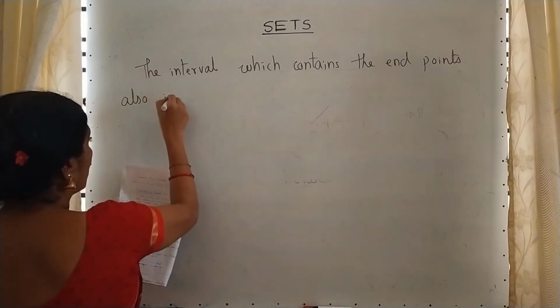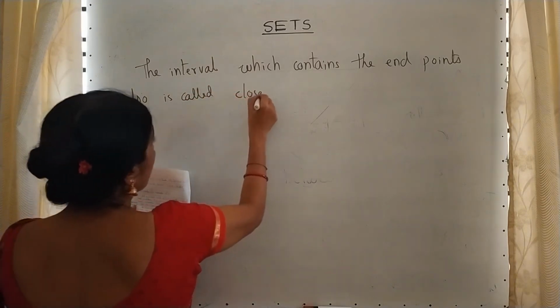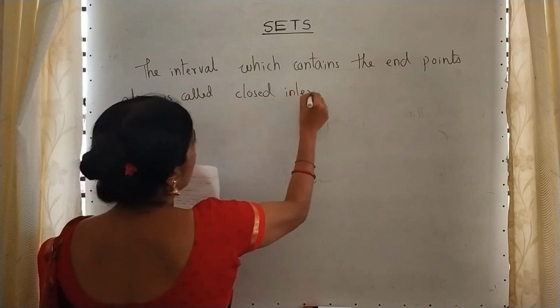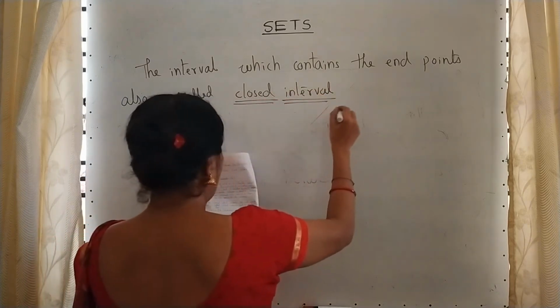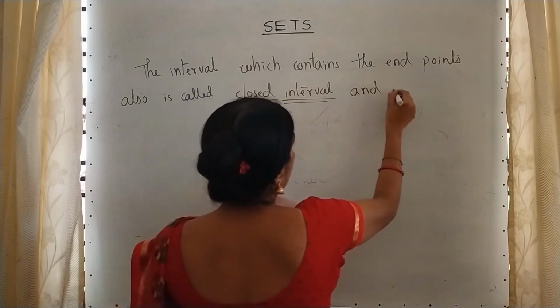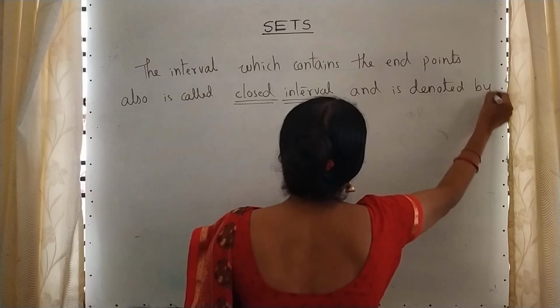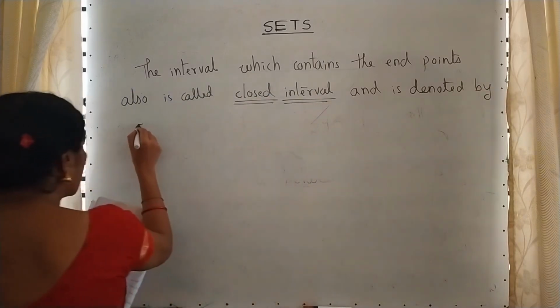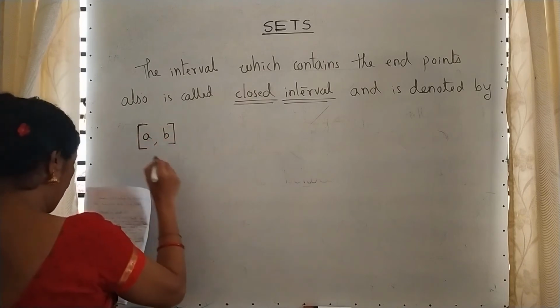Here we are taking end points also, and it is called a closed interval. Underline this. It is denoted by, see, a square bracket A comma B.